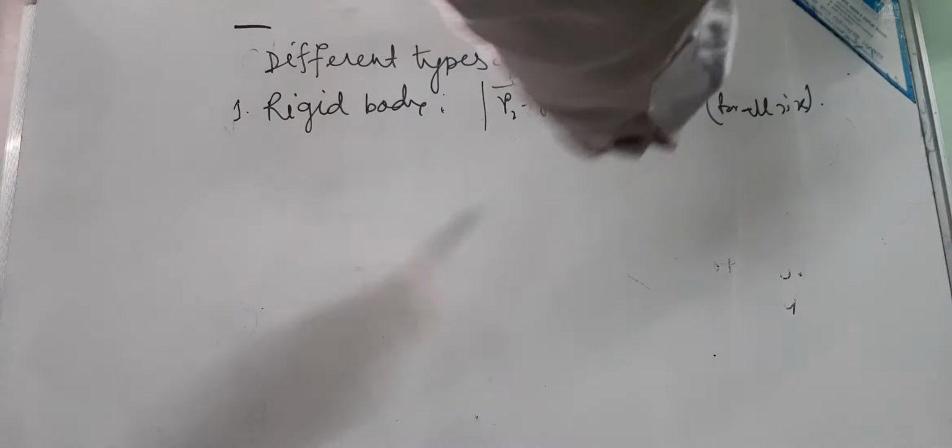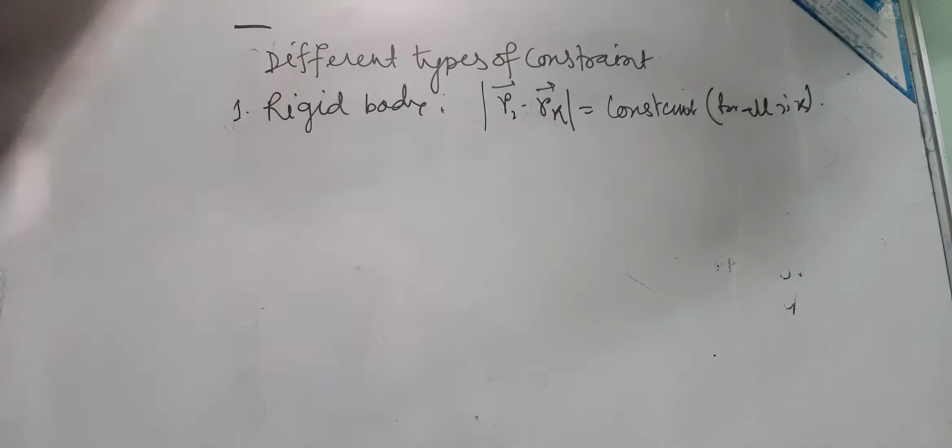The position vectors of the ith particle and the kth particle, the difference between these two, if you take its magnitude, is always constant, and that is the equation of constraint of the rigid body, and it comes under scleronomic.